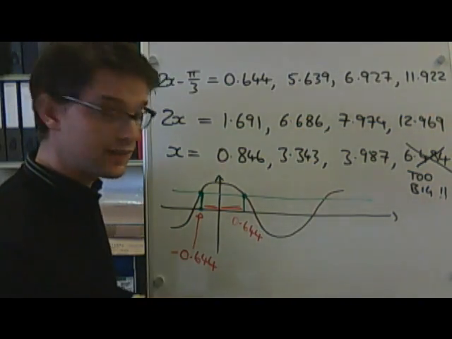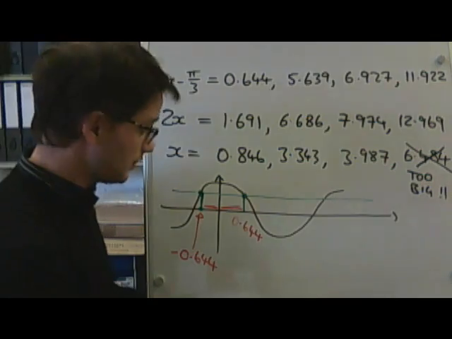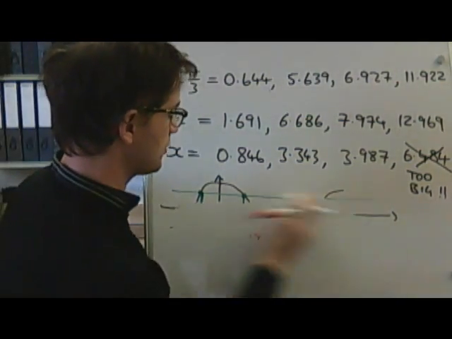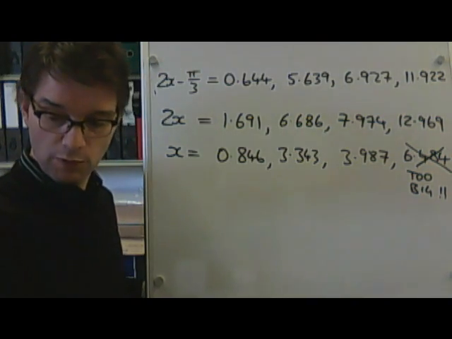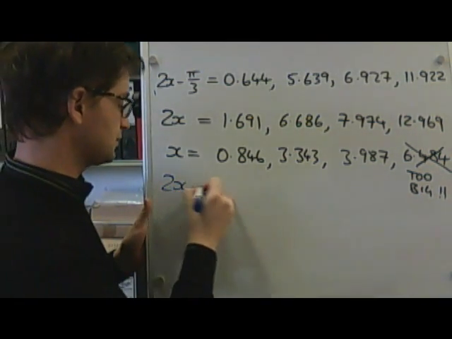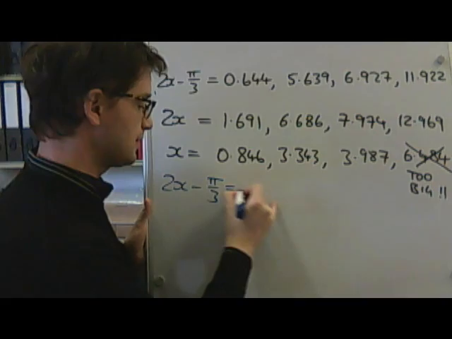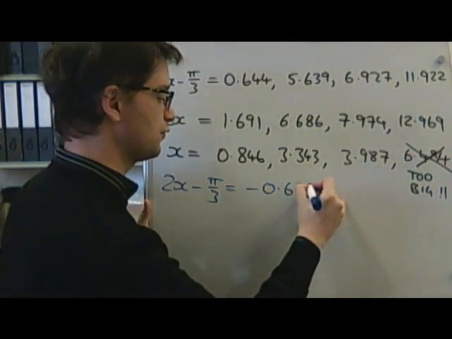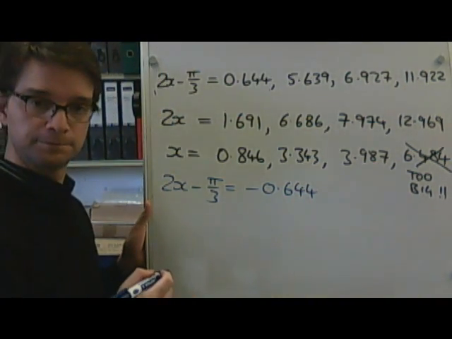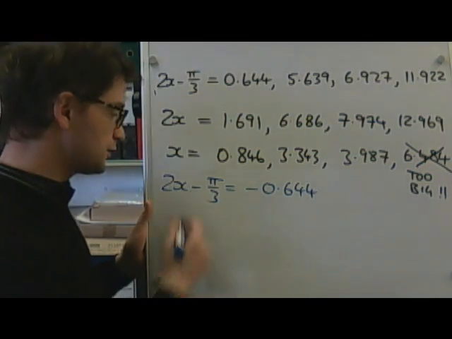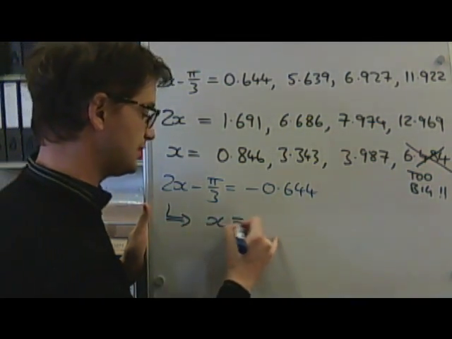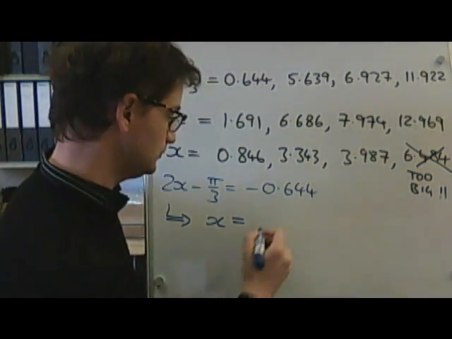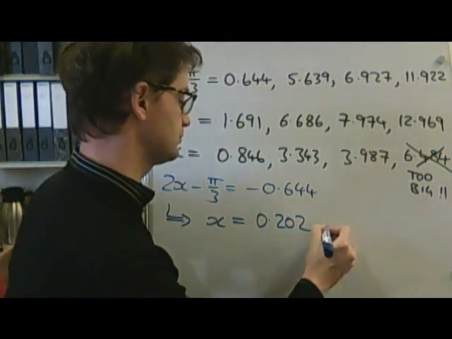Again, if you're copying this out, I'll probably leave this picture and work below it. So I'm now going to work through what I would get if 2x minus pi by 3 equals minus 0.644. And I would do that little solution, and that would take me to x equals 0.202.